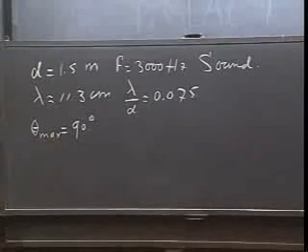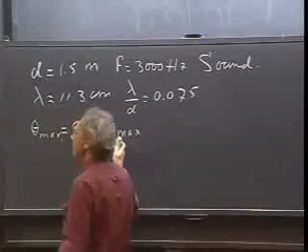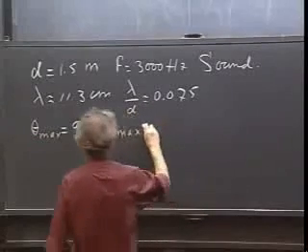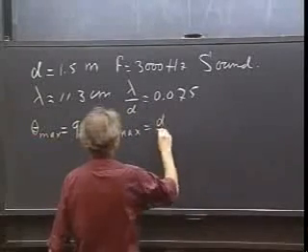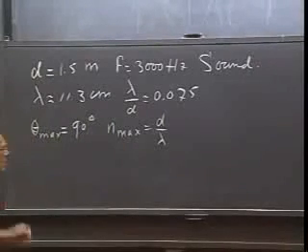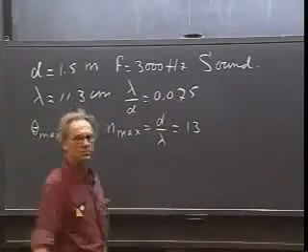And so when you do that, you'll find that n max, that is the highest number of n in that series 0, 1, 2, 3, 4, 5, is d divided by lambda, which in our case is about 13. It is 1 over this number.